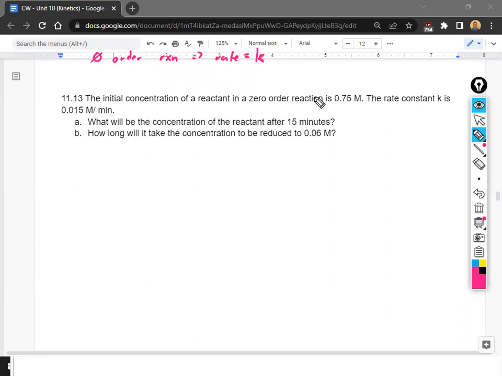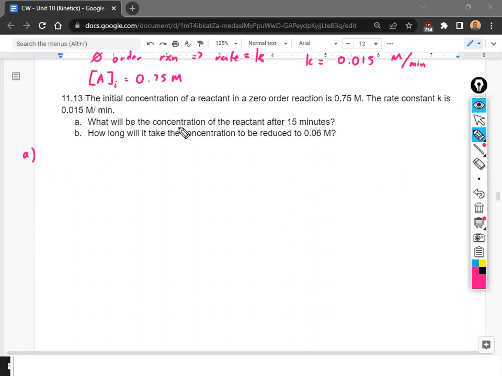It tells us the initial concentration, so initial is going to equal 0.75 molarity. And then the K value is going to be 0.015 molarity per minute. So far so good. We have the rate constant and the rate law as well, because we know it's a zero order reaction.